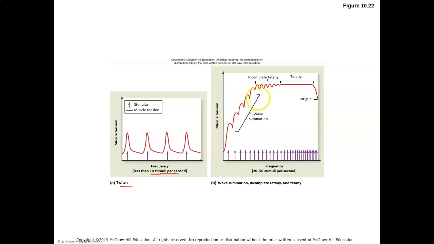As those waves of contractions summate, add together, you get into a state that's known as incomplete tetany. It's contracting and relaxing, contracting and relaxing. You can only measure this in special kinds of equipment. You can't measure it within yourself. You don't feel this.